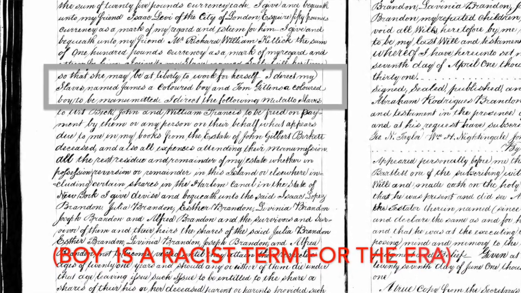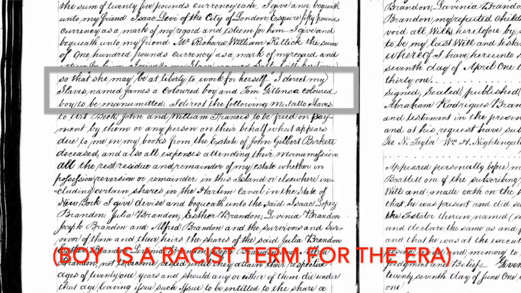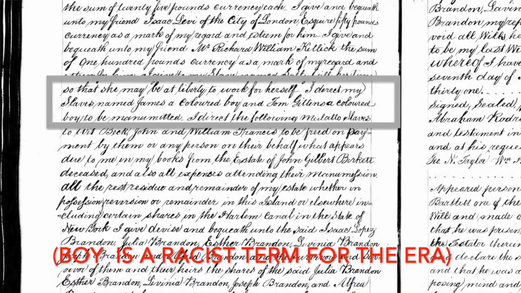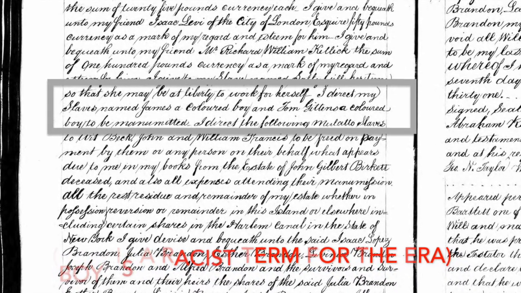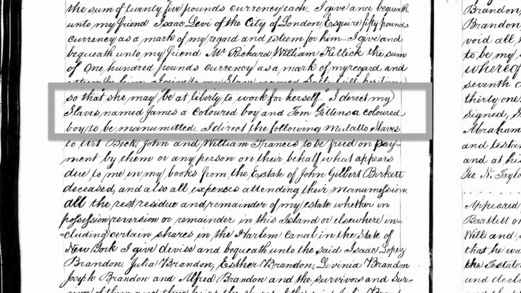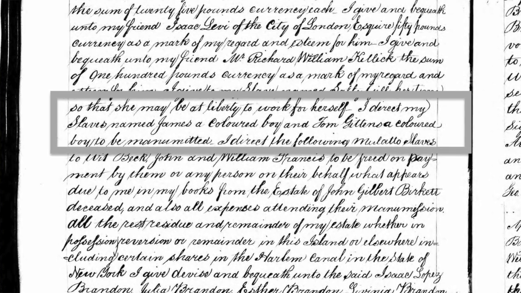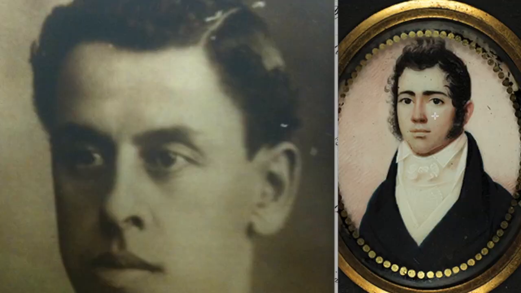It could mean somebody who is enslaved to me who I just think of as young. It could mean my own child, who I'm calling boy because I don't want to recognize him completely as being my child. But the fact that he's only manumitting two people out of the over 300 people that are enslaved to him at his death suggests some sort of personal relationship.